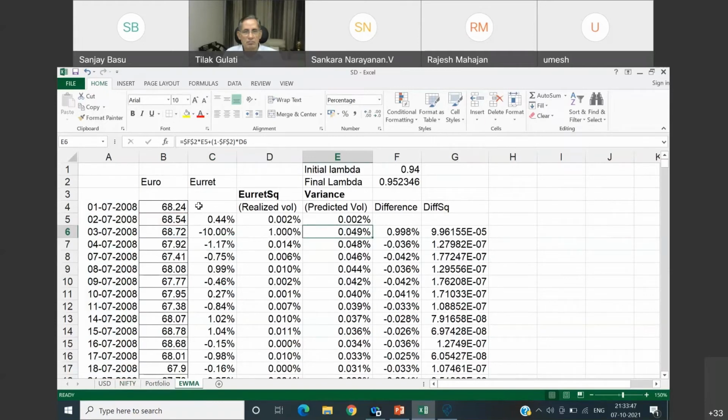This is because this data point gets much more importance, much higher weight compared to each data point in simple standard deviation or volatility.